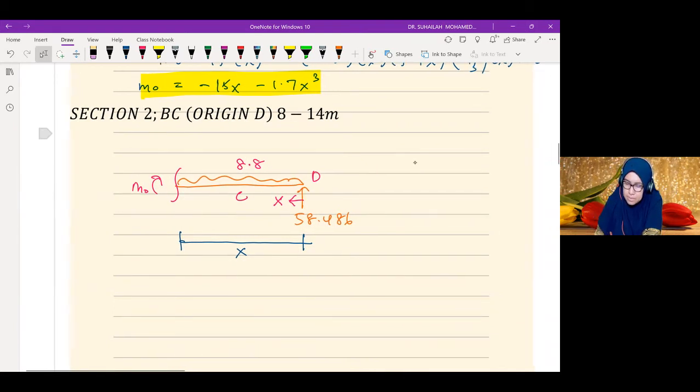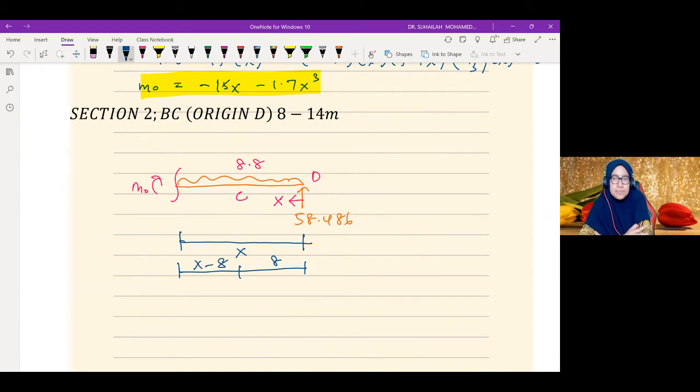And we have C to D equals 8. This is 8. This is X minus 8.